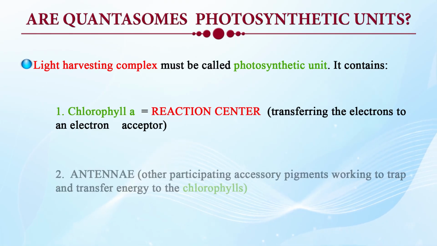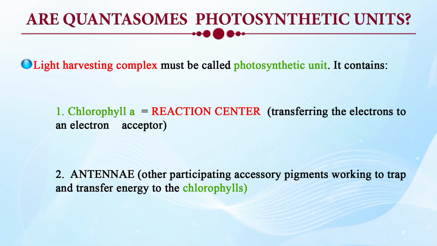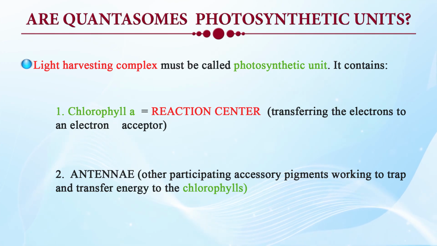And the light harvesting complex would have many antennae, many accessory pigments, and of course, a certain number of chlorophyll A molecules which are required to function as the reaction center, because that is the focal point from where the electrons would be transferred to an electron acceptor.